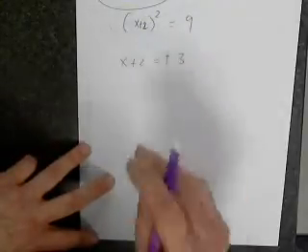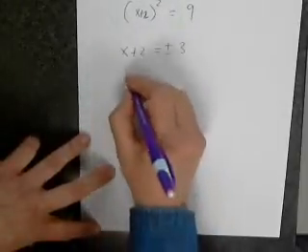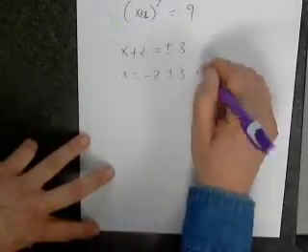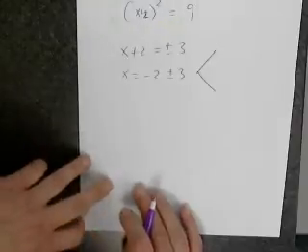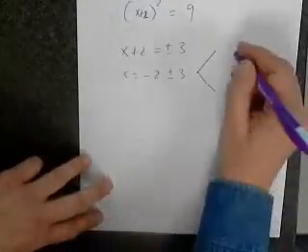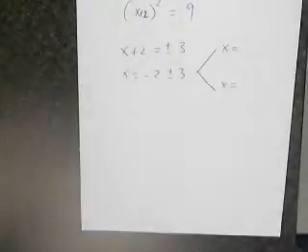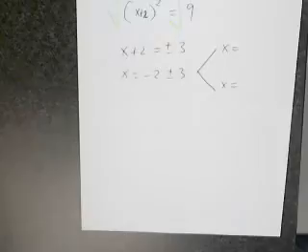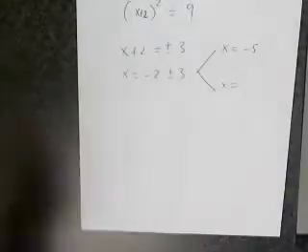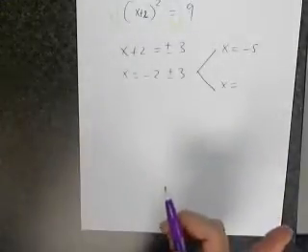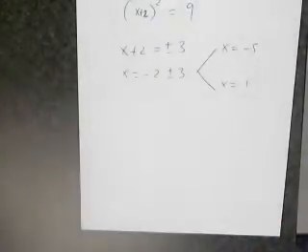Instead, we write plus or minus on the other side. So then x equals negative 2 plus or minus 3. I have to separate them. So x equals and x equals. Say it again. -5, perfect, and 1. Yes, thank you. Perfect.